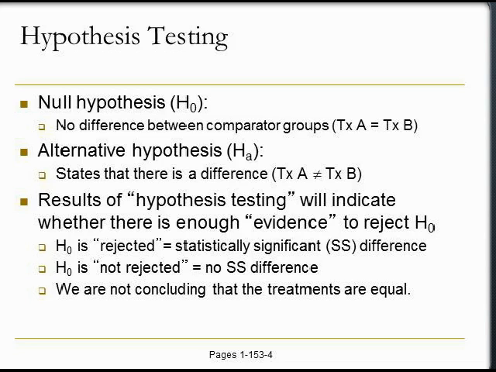If the null hypothesis is not rejected, then we conclude that there's no statistically significant difference. Remember, if we write it in such a way as this, we're not concluding that the treatments are equal. Okay?